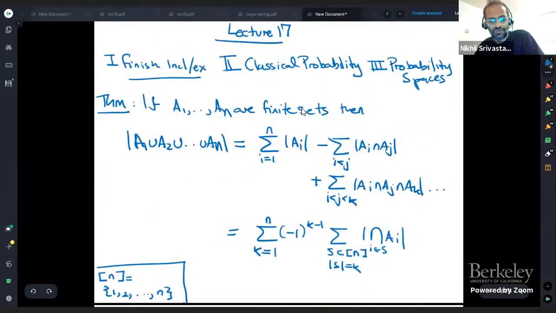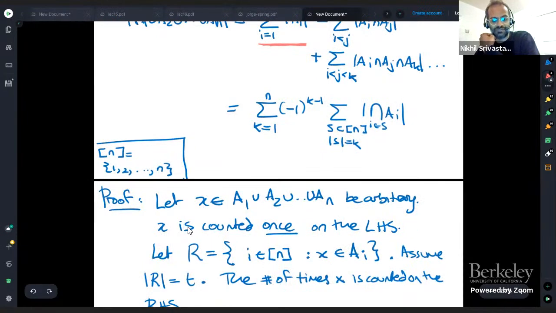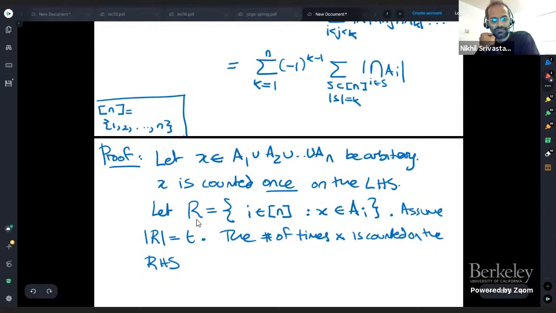Well, let's look at this. How many times is it counted in this first term in the sum? Well, it's the number of sets that X appears in. So that's going to be T times because it appears in T sets, right?